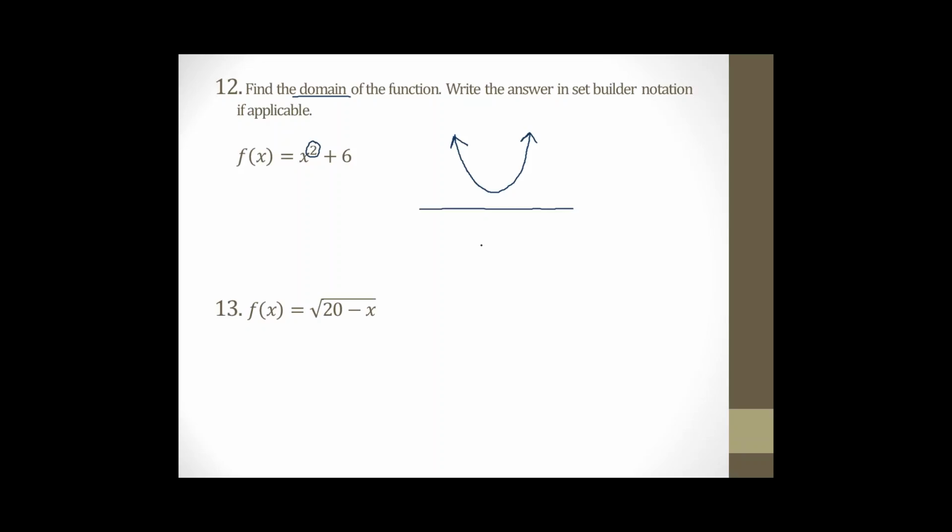So if this was the x-axis, the arrows are indicating that this parabola continues to open up in either direction, which means the x values of the domain also would increase in either direction, into negative infinity and also into positive infinity. So writing this in set builder notation for this particular one, the solution would be all real numbers, because every single x value is a solution to this function.